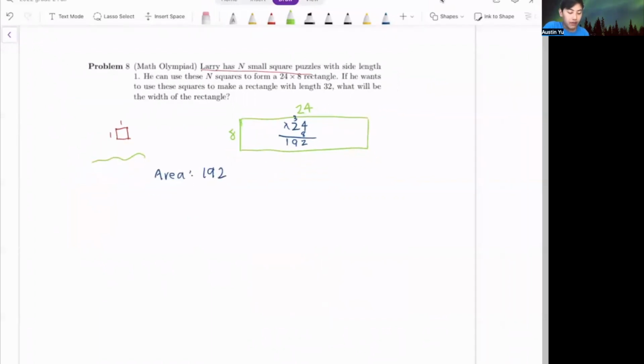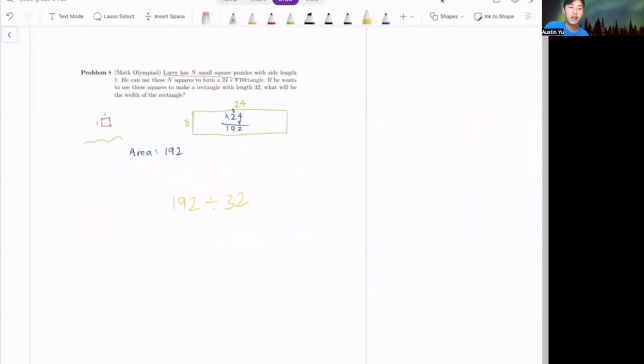And then we have to figure out what 192 divided by 32 is. What will the side length be? And then we quickly figure out that the answer is just 6. So let's draw this out. 6 will be the width, and 32 will be the length. Therefore, the width of the rectangle will be 6.